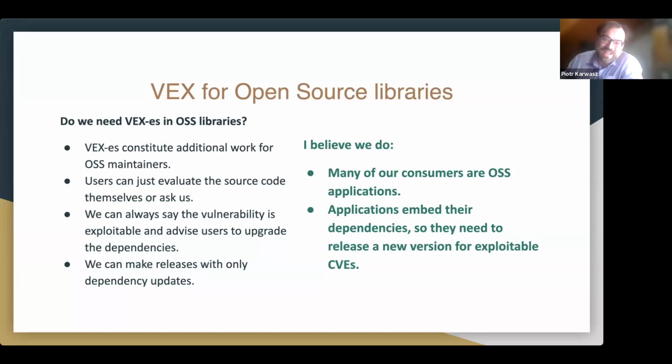Second, it's a lot of work. But then I discovered that many of our consumers are open source applications like ourselves. So an open source library might not need VEXes, but we could produce them for our friends from other Apache projects that have applications.